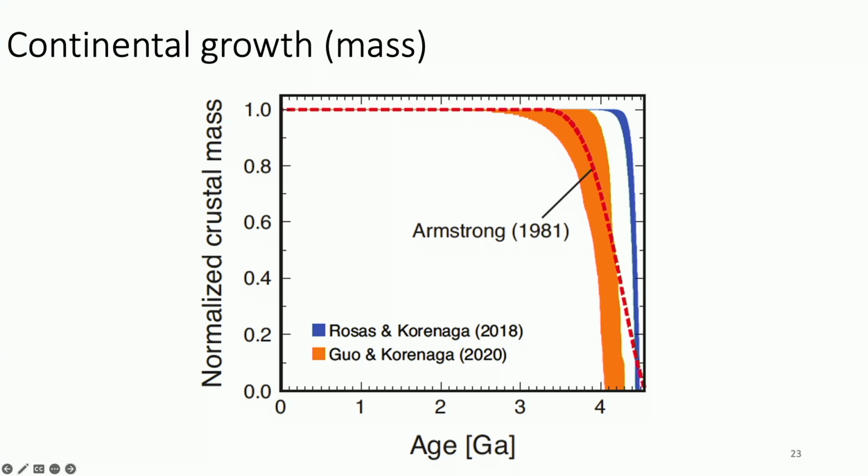So it means that the continental growth started very early and then built up very quickly, and the total amount of the continental crust that we have at present day was already there in the Eoarchean. So after that, it's been reprocessed.